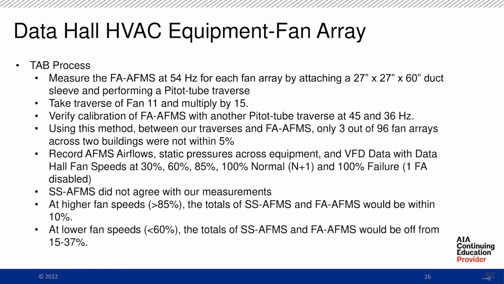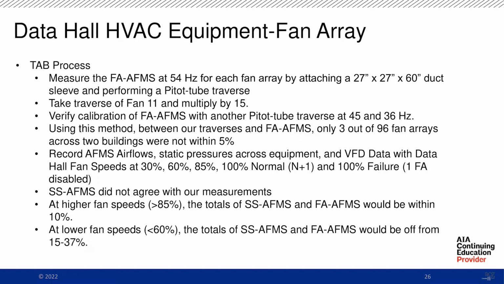We also had our airflow monitoring stations record the airflows in the supply shafts and took statics across the whole system at 30%, 60%, 85%, and 100% fan speed. So again, cool. Feel good about the 93 of 96 fan arrays.